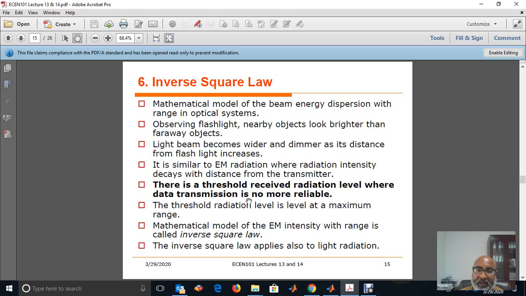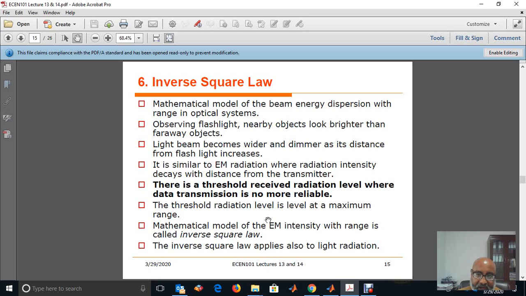The energy decays exponentially with distance. It decays with distance from the transmitter. So there is a threshold received radiation level where data transmitted is no more reliable. So the variation of the received power with distance can be modeled by the inverse square law.